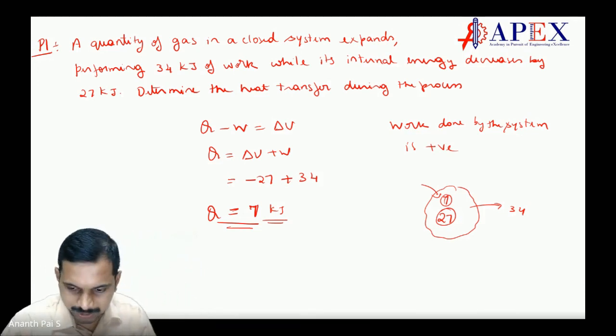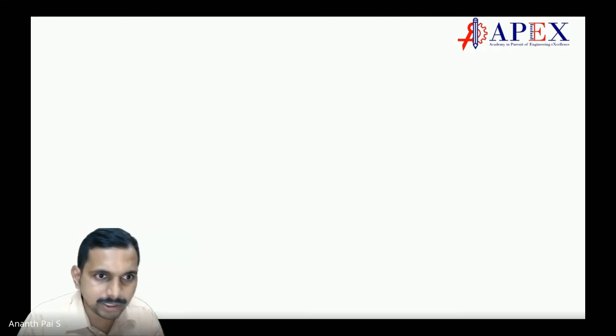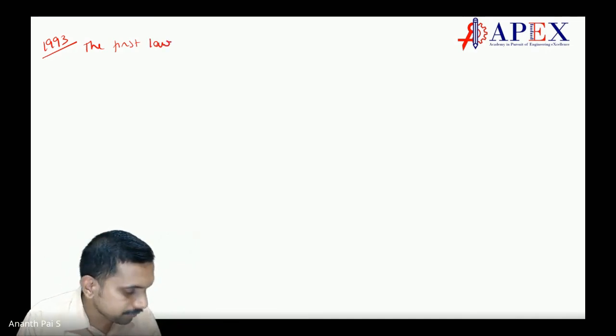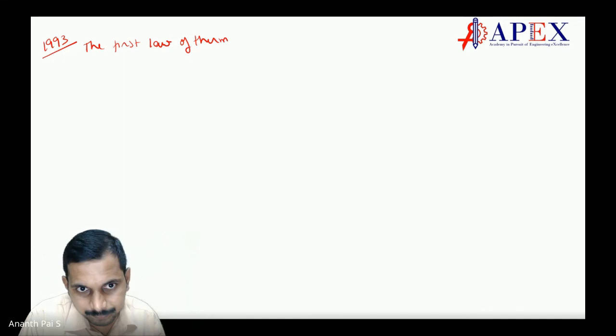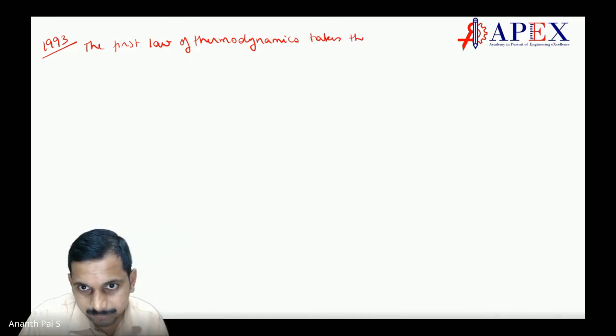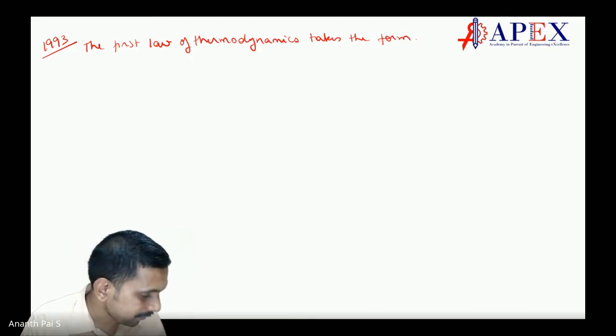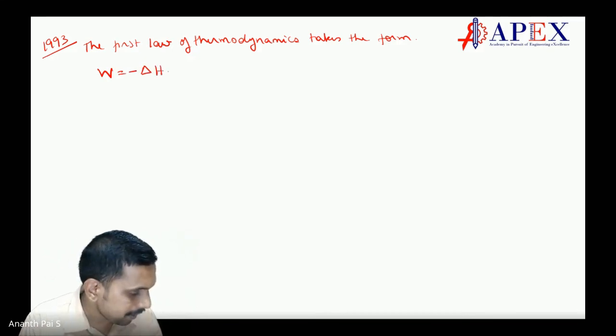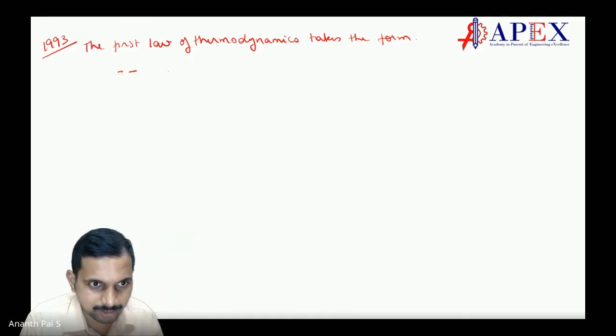This is a question which came in 1993 GATE. The first law of thermodynamics takes the form W is equal to minus delta H. Delta H is enthalpy, let us not have that now, let us take it later.